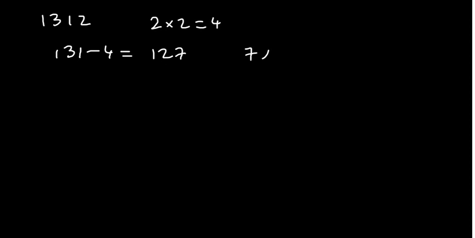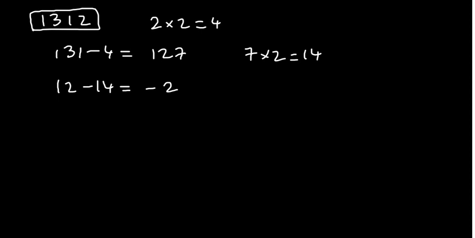So 7 times 2 is 14, and then we simply subtract that from 12, and we can clearly see that this wouldn't be divisible by 7 because that gives minus 2, and that's not a multiple of 7. So that means that this number isn't divisible by 7.